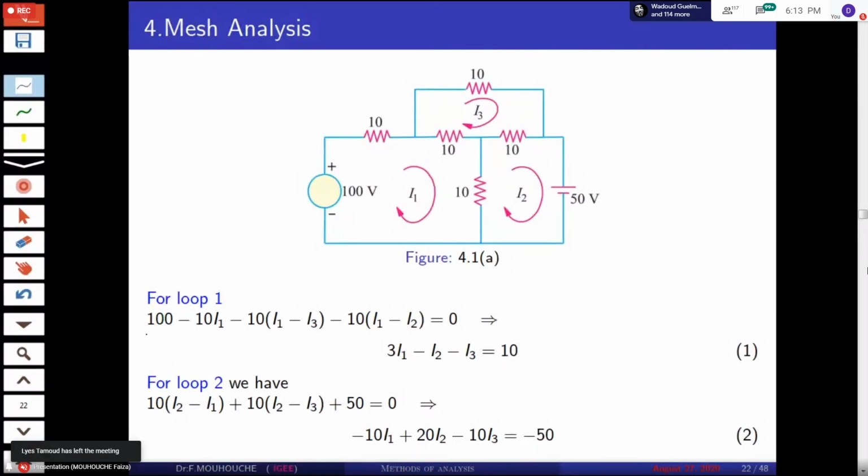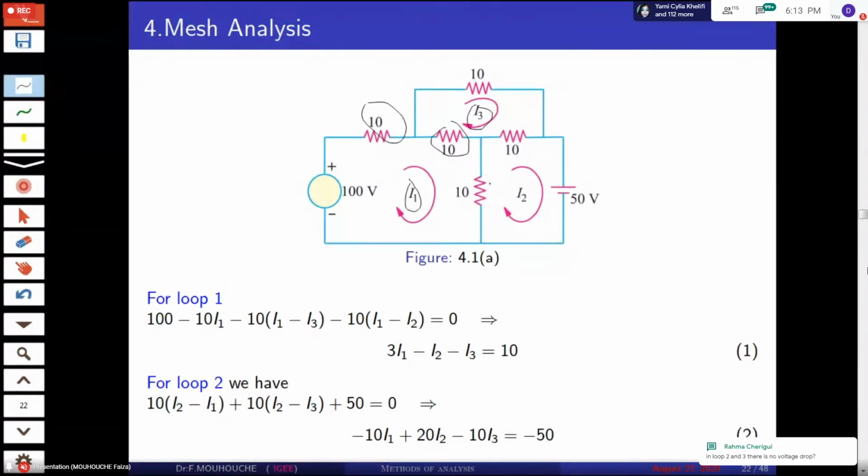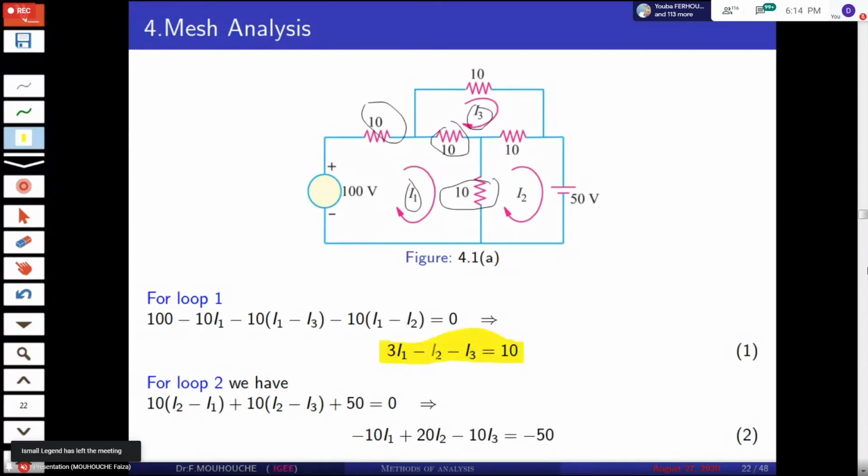Here we have 100 minus 10 I1, then minus 10 (I1 minus I3), minus 10 (I1 minus I3). We simplify this equation to reach the first equation. We call it equation number 1. You can check it at home.